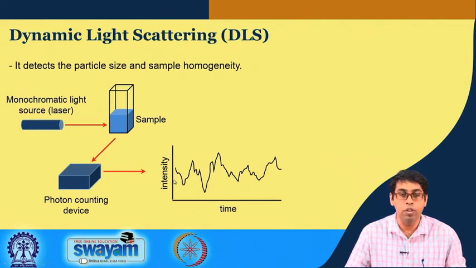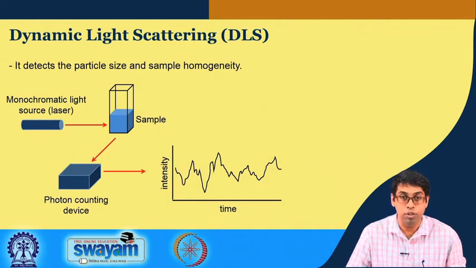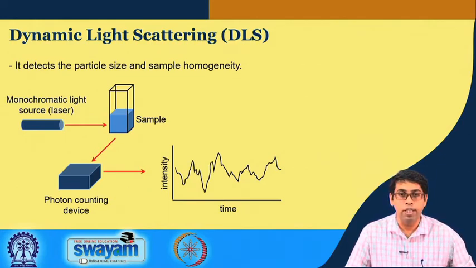Ultimately what you get is the intensity as a function of time, and you will see that the intensity fluctuates as a function of time. This is because these small particles have Brownian motions. They are fluctuating, and that results in the fluctuation of the intensity due to interference and diffraction of the light waves.